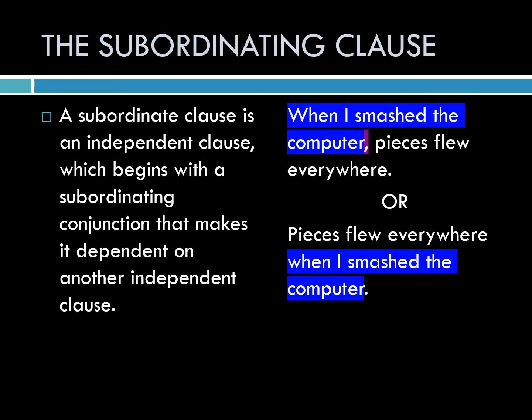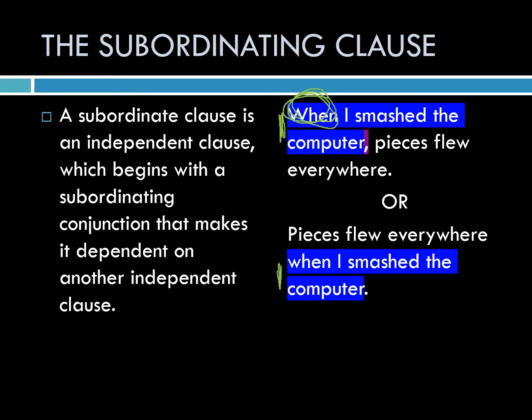So this is an example of a clause, and the clause is called a subordinating clause. And it's a subordinating clause because it is beginning with a subordinating conjunction, the word when. So the part here that's highlighted in this dark blue, this is your subordinating clause, and here it is again.